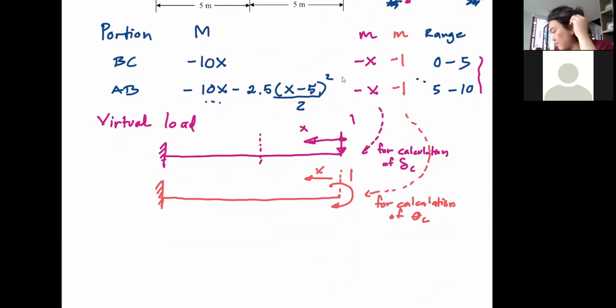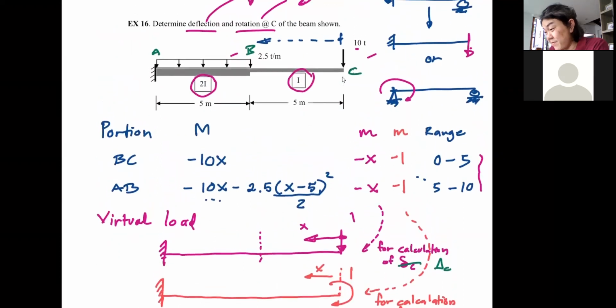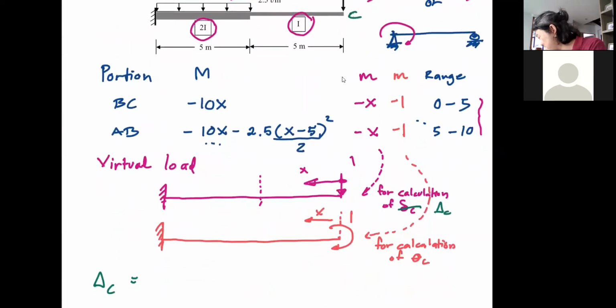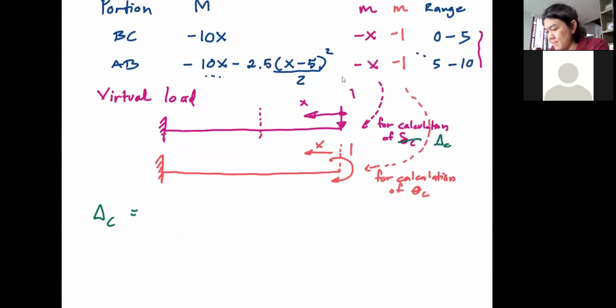So let's say for delta C, actually I could use the capital delta, it's better. This is going to be equal to the first part, the first integral, 1 over EI.